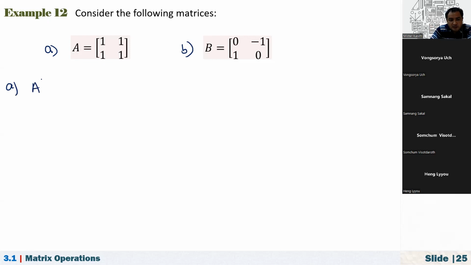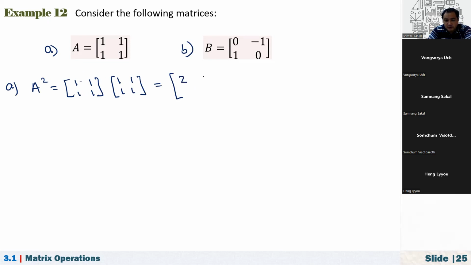If you evaluate, for example, A squared, what is it? Here we have 1, 1, 1, 1 times 1, 1, 1, 1. If you evaluate this, what is it? 1 times 1 plus 1 times 1, it is 2.